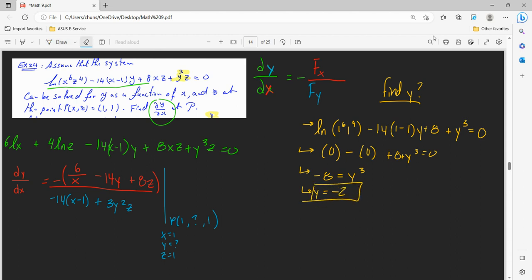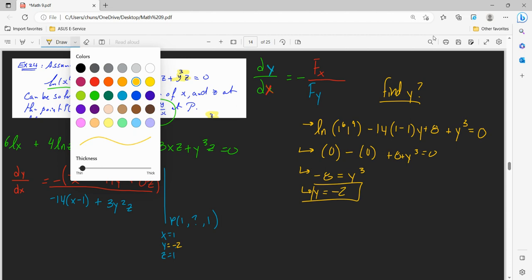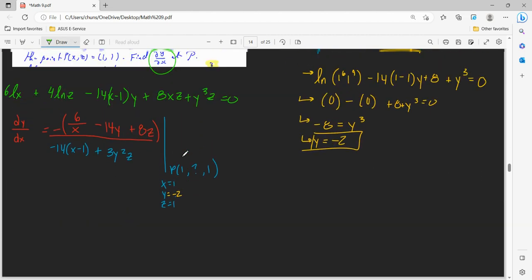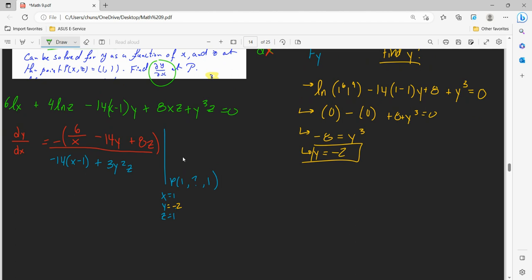Okay, so we're going to write that in. y equals negative 2. Okay, so then that gives our answer as, once we plug in our values, this is 6 over 1, 14 times negative 2, and 8 times 1.